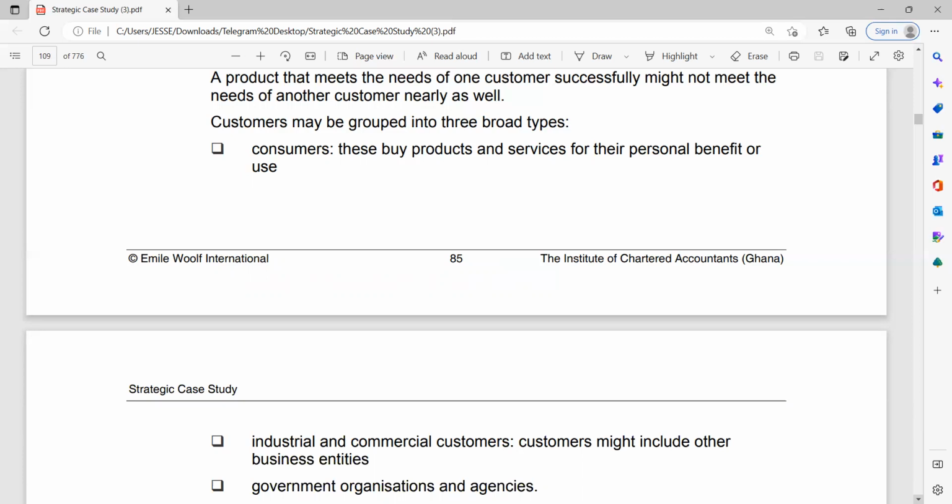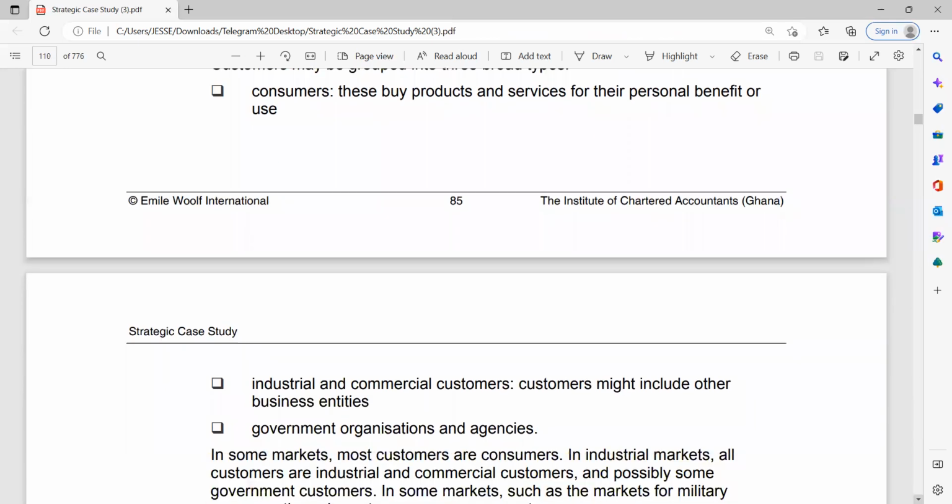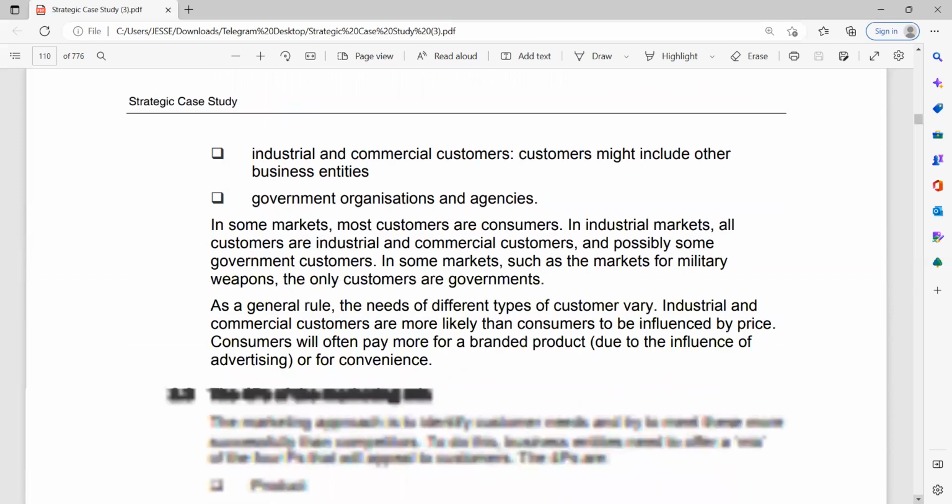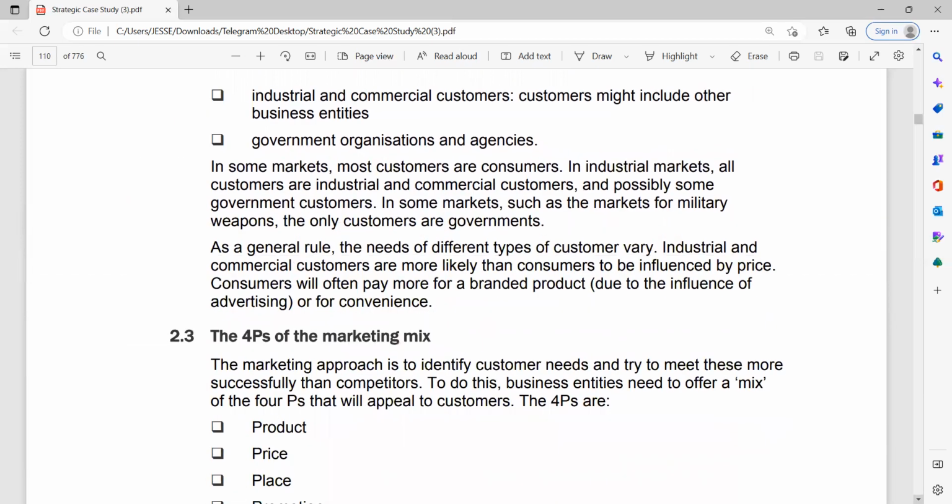Industrial and commercial customers, on the other hand, are business entities who buy products. Then government organizations are government agencies that also buy products. So you have three groups of customers: consumers, commercial customers, and government organizations.